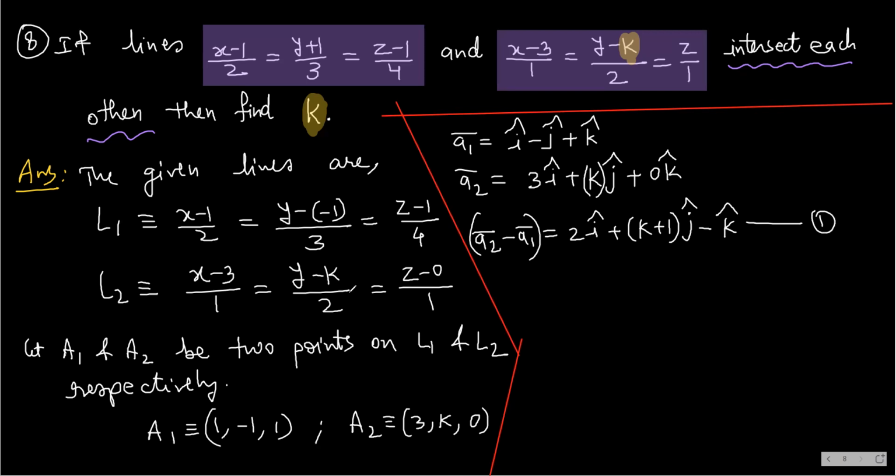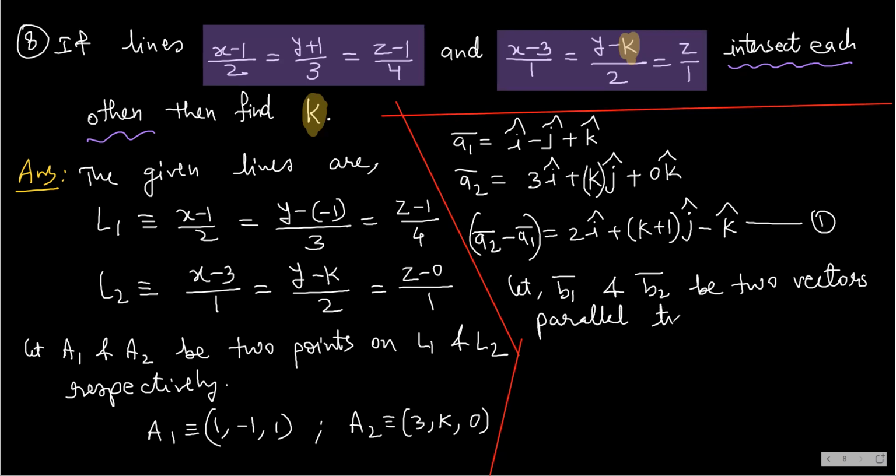Now I'll go for the vectors parallel to L1 and L2. Let B1 bar and B2 bar be two vectors parallel to lines L1 and L2 respectively.